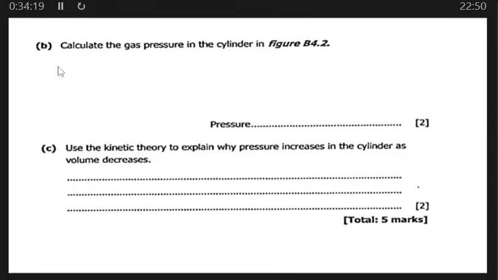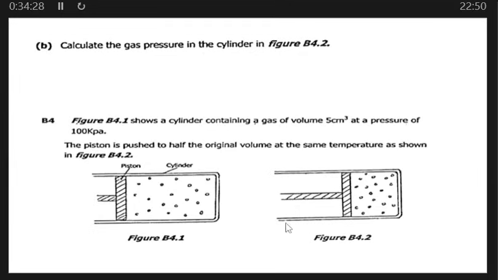Question B says, calculate the gas pressure in the cylinder in figure B4.2. So they need you to calculate the gas pressure here, so you should apply Boyle's law. Boyle's law says P1 times V1 is equal to P2 times V2.